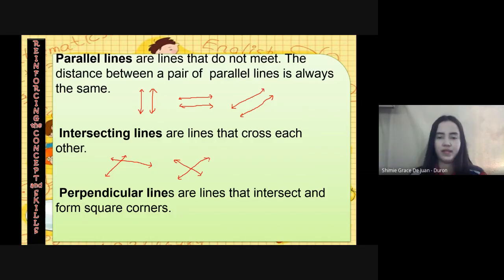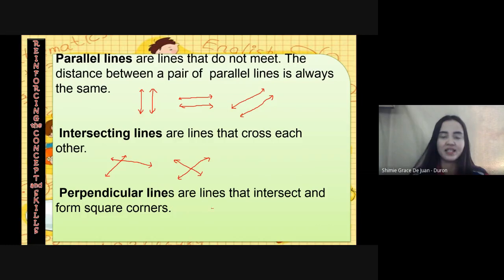So these figures here below are examples of intersecting lines. So during the first activity, the figure 2 is an example also of intersecting lines.